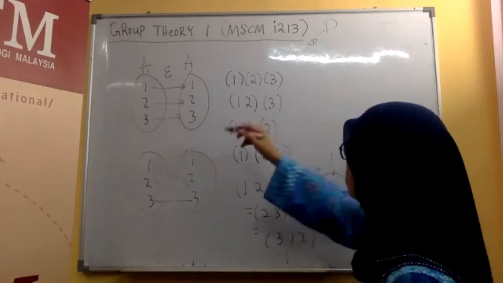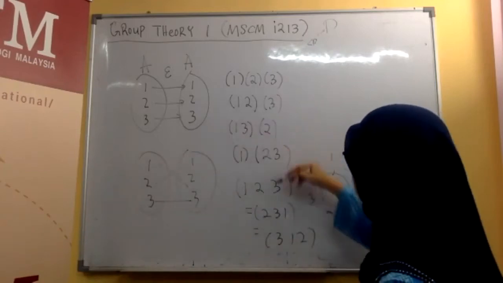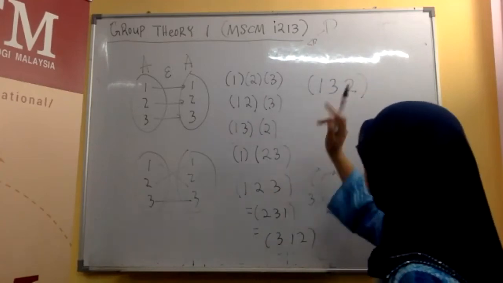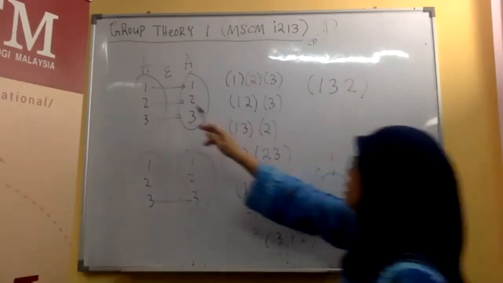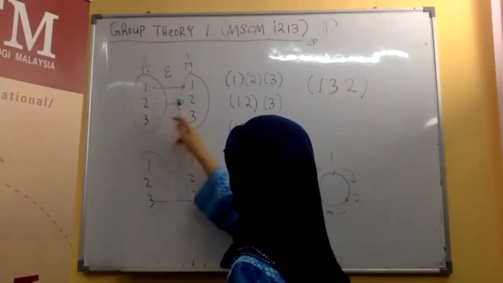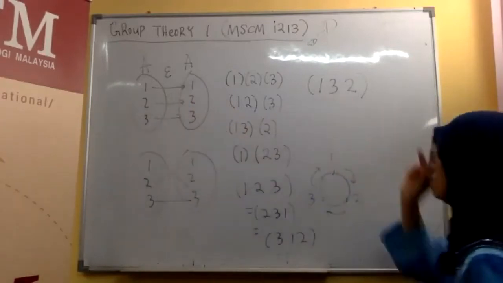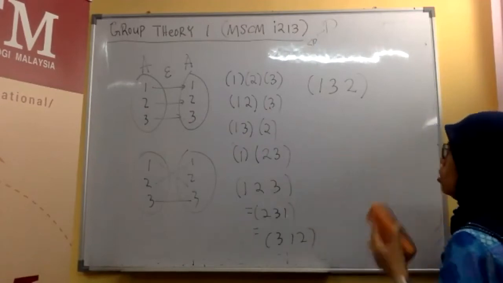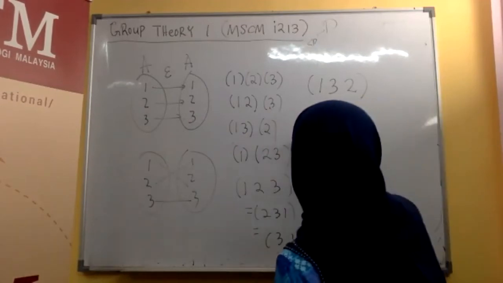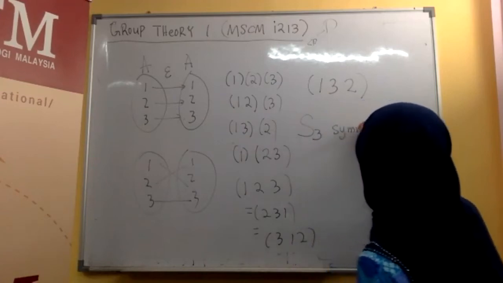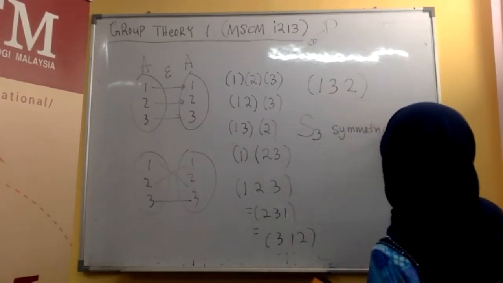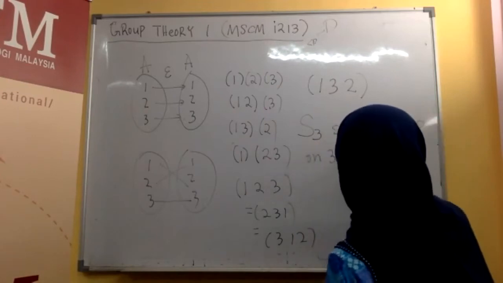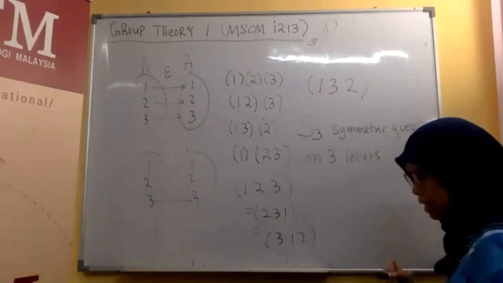We have another one, because we have 6. Or you can go (1 3 2): 1 goes to 3, 3 goes to 2, 2 goes to 1. So we have 6 of them. This is called S3, the symmetric group on 3 letters.